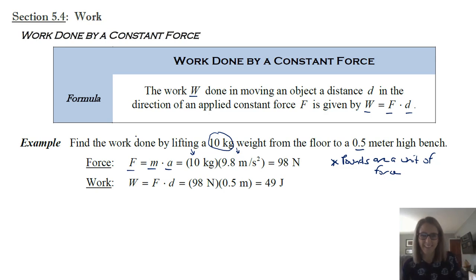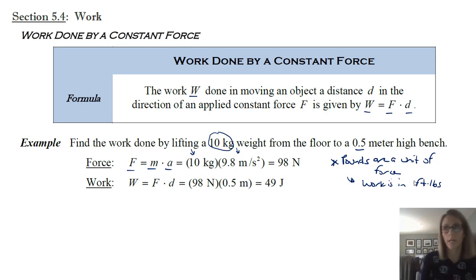Okay, so pounds are a unit of force, and so when you see stuff in your US units, work is in what's called foot pounds. That's actually the units for work if you're in the system for the United States.